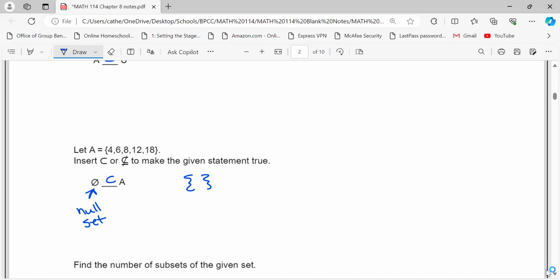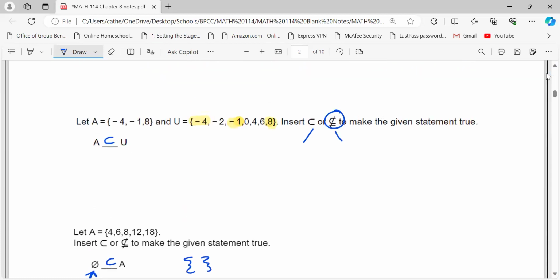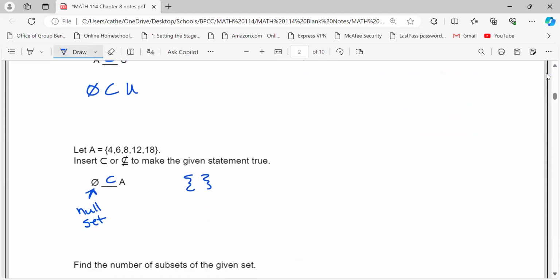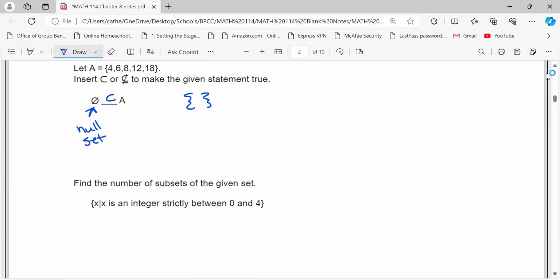So if we were to go up here, this is also a subset of, sorry, not A, of U. Okay. So the null set, that's the 0 with a line through it like that, is a subset of every set.